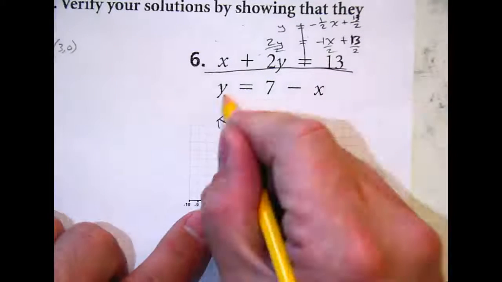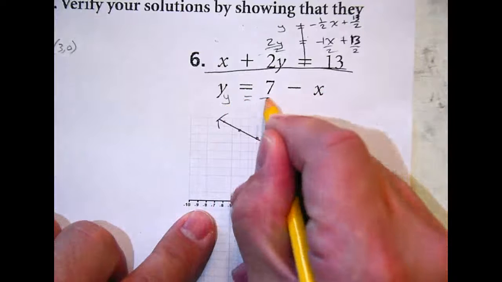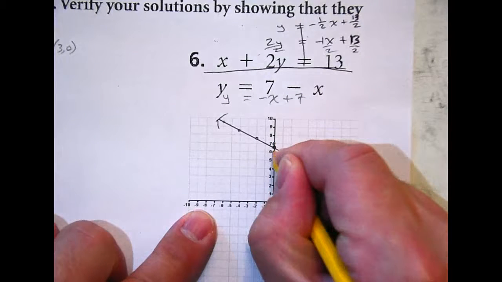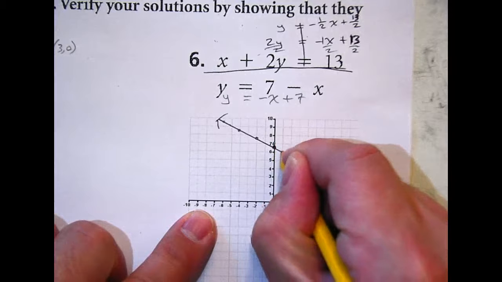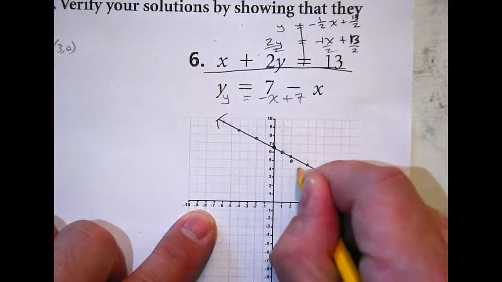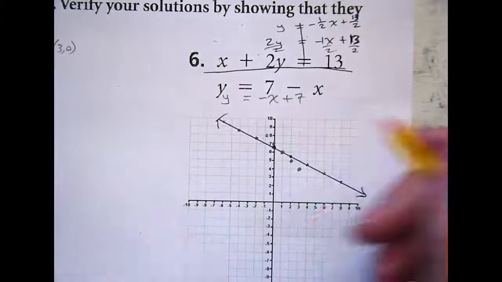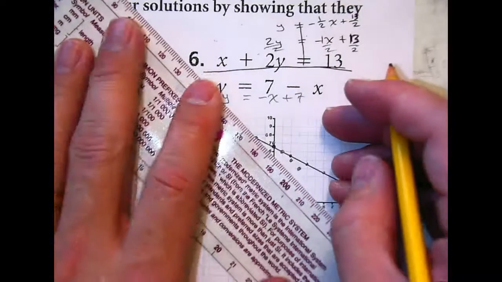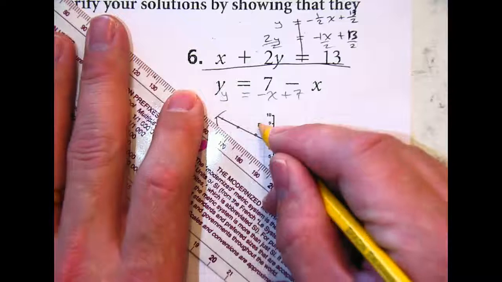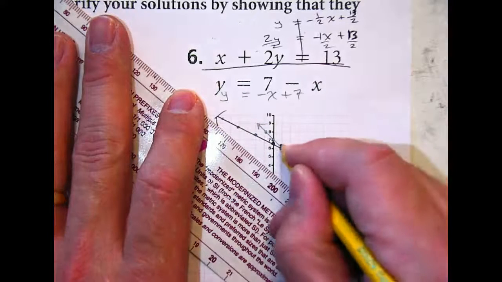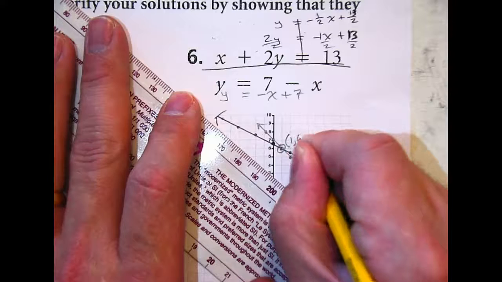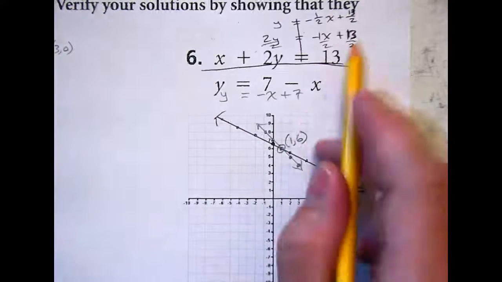And here, moving this around, y equals -x plus 7. Go up to 7, go down 1 over 1. So it looks like it's going to intersect right there. So it looks like right there, and you definitely want to test that one, 1, 6, especially since you had that fraction in there.